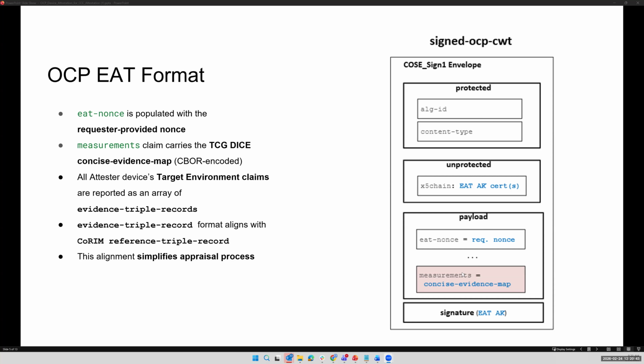Hey, Fabrizio, hi, thanks. I put the question on the slide in the chat, but I will repeat it here. What I'm wondering is what is the exact role of the EAT wrapper here? Because it's just a very thin thing around the CoEv, isn't it? In the sense that the CoEv is a CBOR thing.